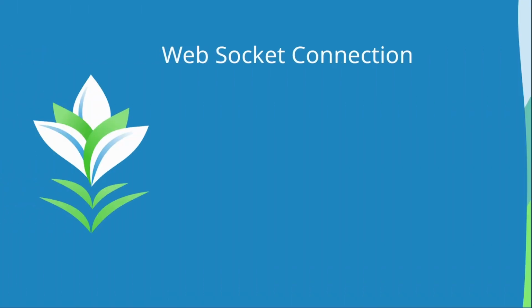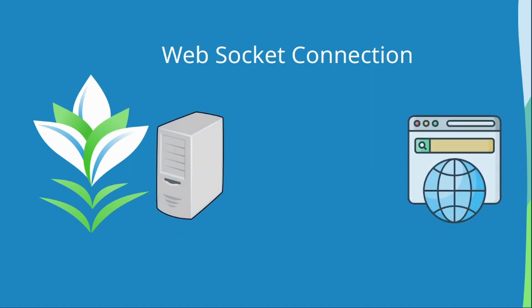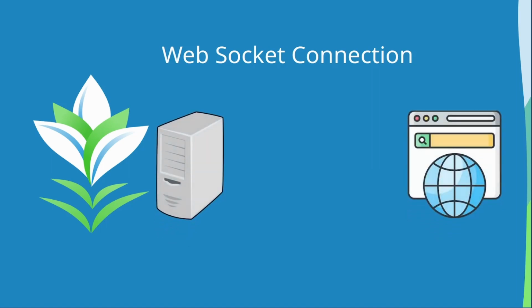How is a WebSocket connection actually made? First of all, once again, let's get the server and client. At the very beginning, the client makes an HTTP request. Till now, this is not a WebSocket. This is still an HTTP request. After getting the request, the server is going to validate.